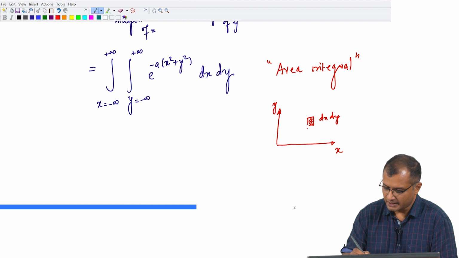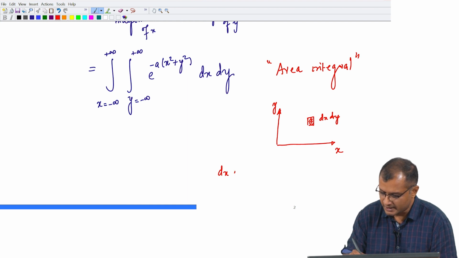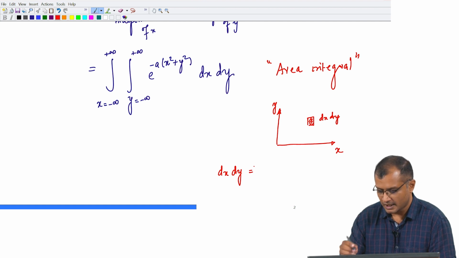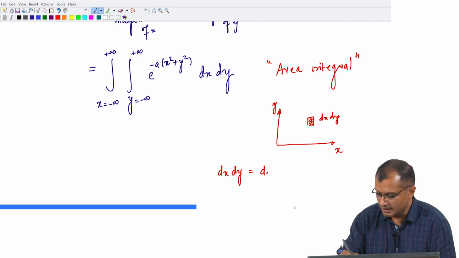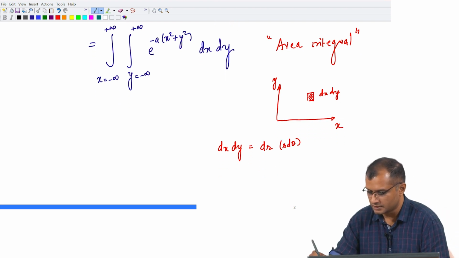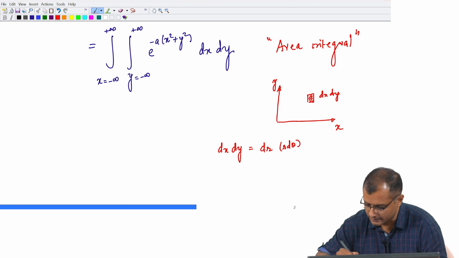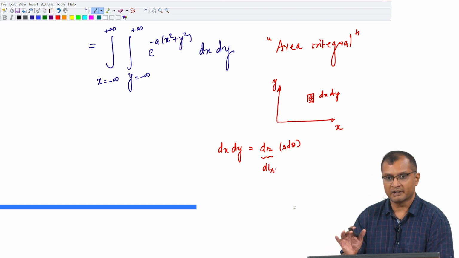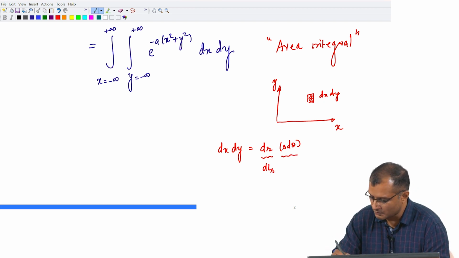I can write my area element dx dy in polar representation as simply dr times r d theta. If you want, you can think of this as my small increment in the direction of unit vector r, and this as a small increment in the direction of unit vector theta.